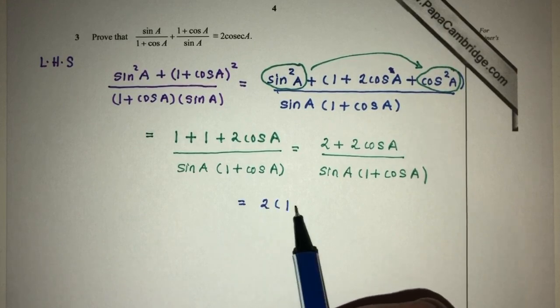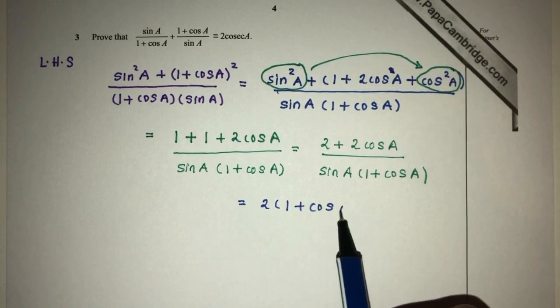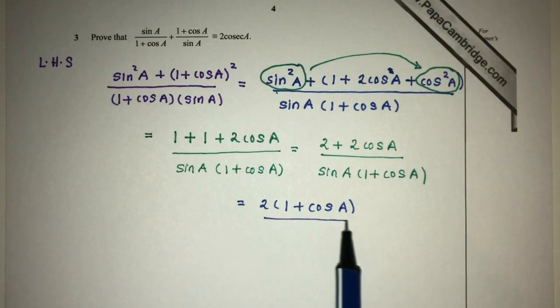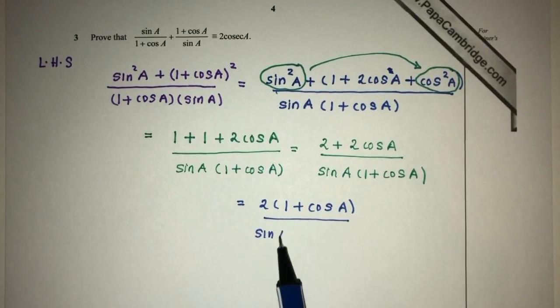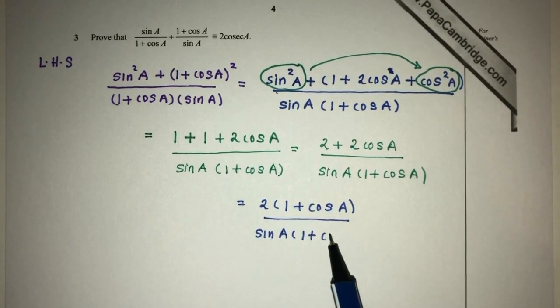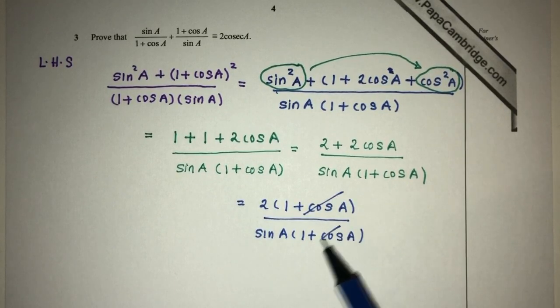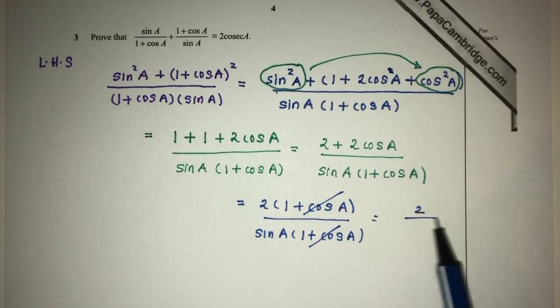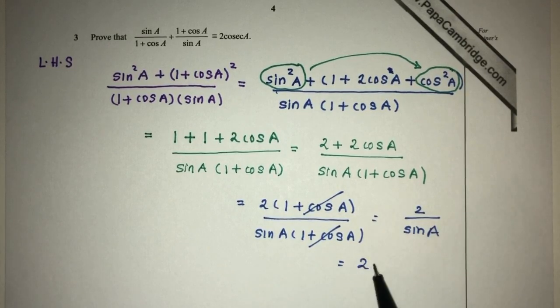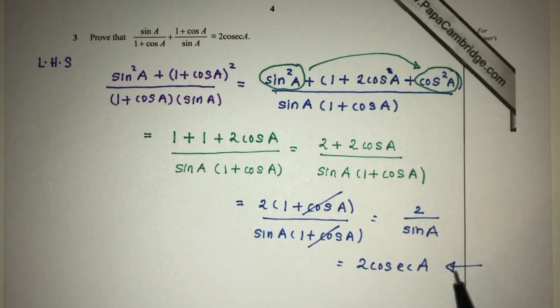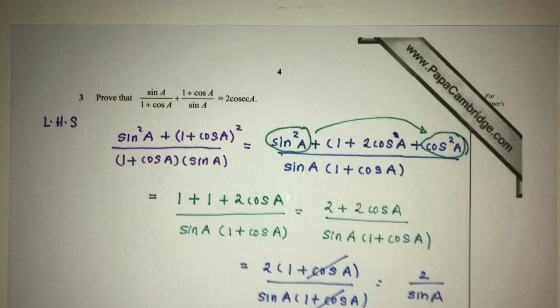You will have 2 times 1 plus cos A over sin A multiplied by 1 plus cos A. Okay, so these two, obviously, will cancel out. You will have 2 over sin A, and that is equal to 2 times cosec A. This is shown as required for question number 3.